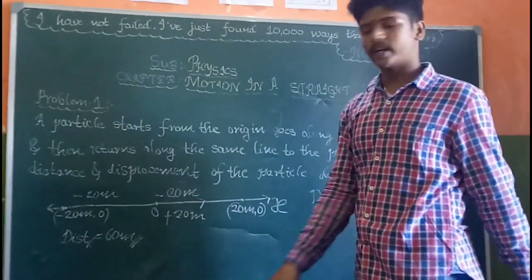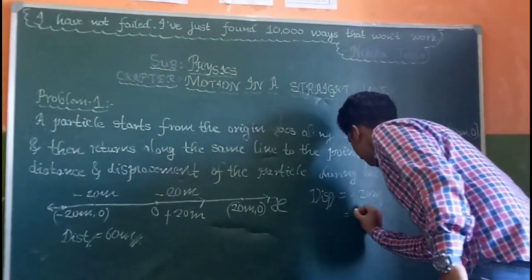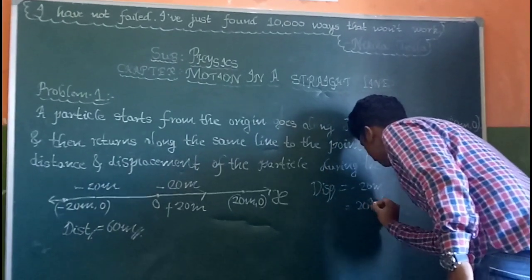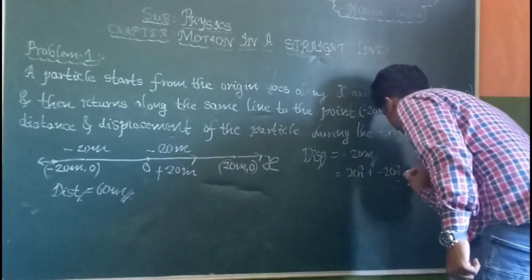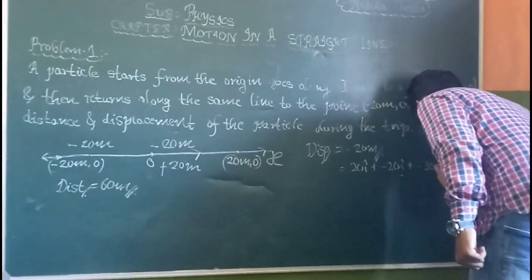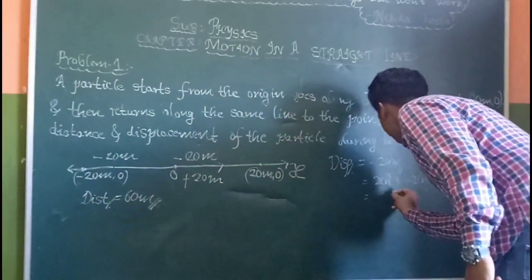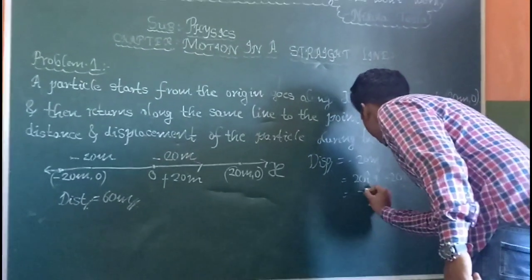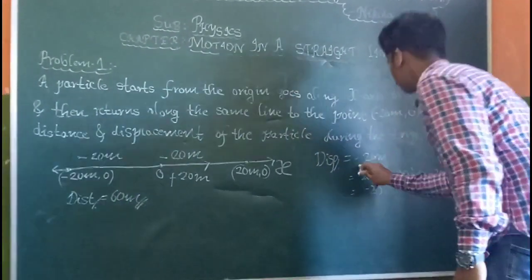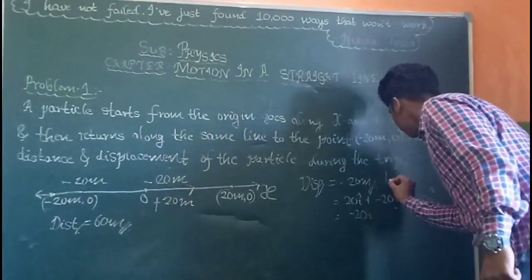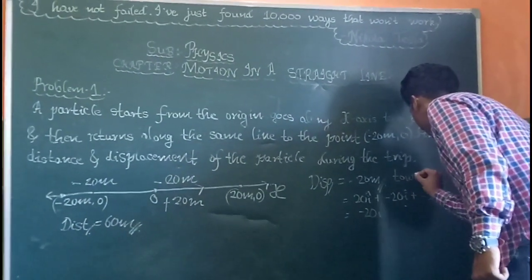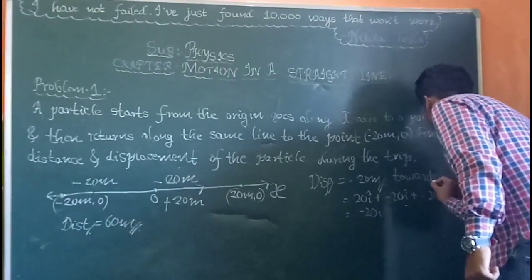Or else you can use vector notation: 20 i cap plus minus 20 i cap plus minus 20 i cap, which is minus 20 i cap. When writing displacement as a magnitude, you have to mention the direction, that is towards the left.